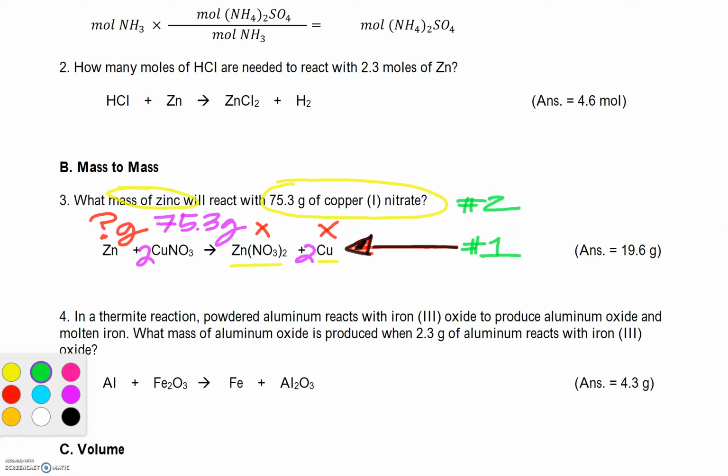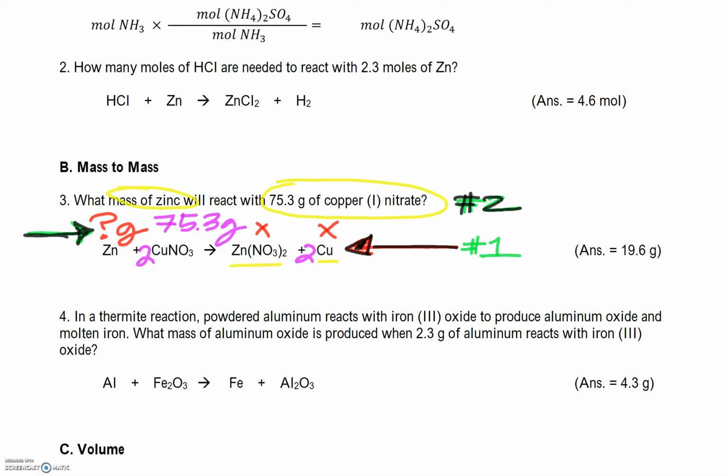What I find is a lot of students skip step number 2, and they have a lot of trouble. So this piece right here, putting in this information, we want to do this every single time. It sets us up to be successful. All right, so we only have a single number. We're going to write that down. So the number is 75.3 grams.